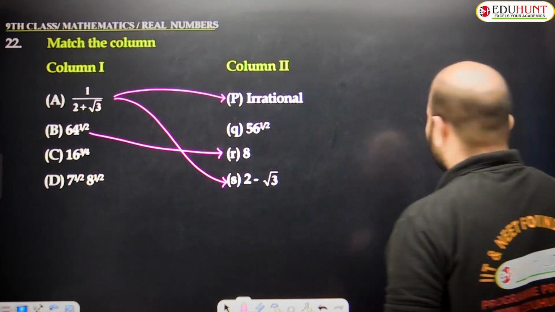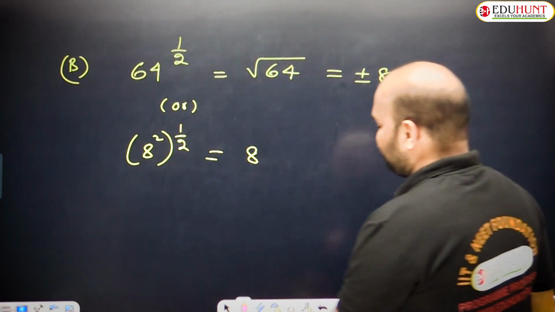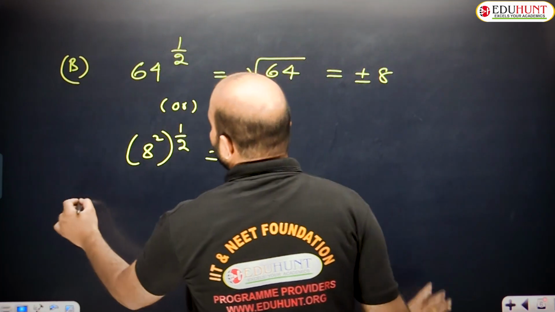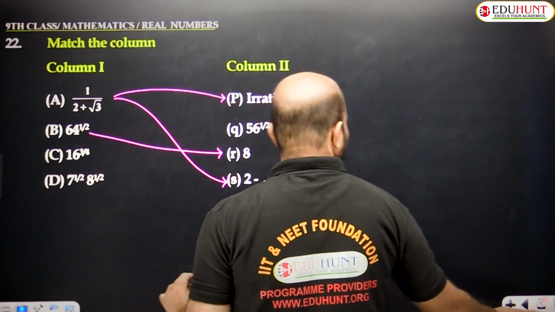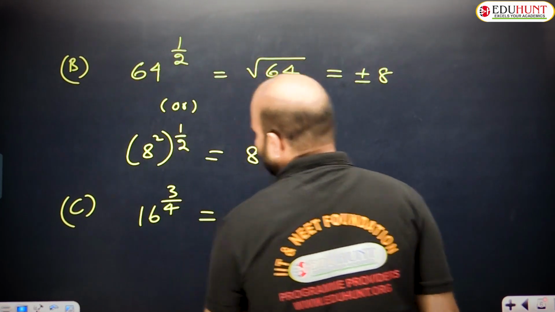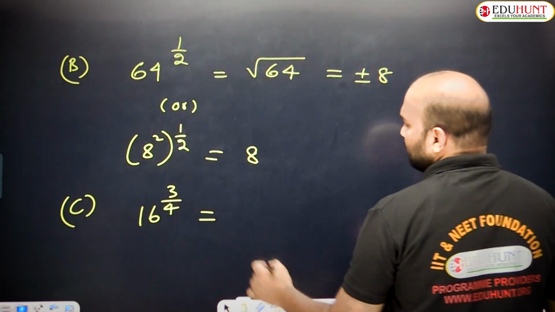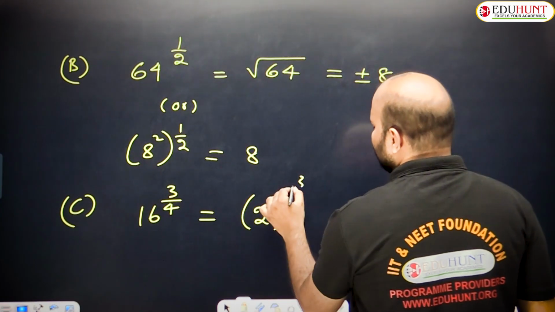So column C, what am I given? 16 whole power 3 by 4. It can be written as 16 power 3 by 4. 16 can be written as 2 power 4, so (2 power 4) whole power 3 by 4.